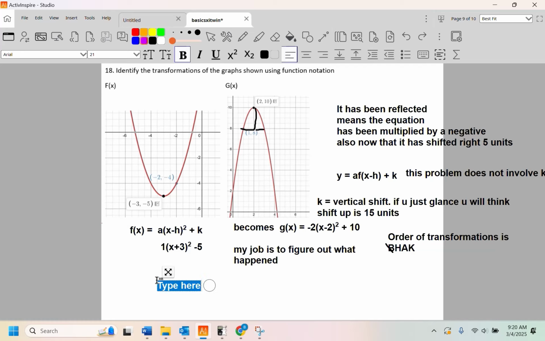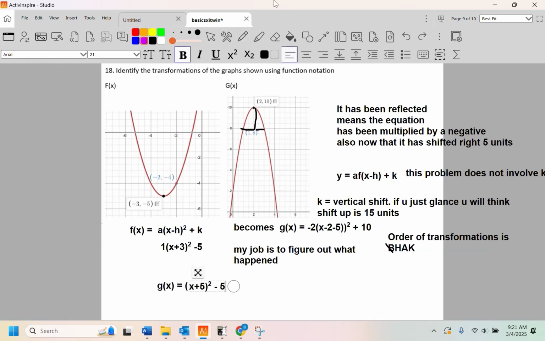First off, g of x, if we apply the h, what we've done is we have gone from 3 to -2, which means that inside we have actually taken away 5 units. All right, that comes back to this shift right. So inside is an x plus 5, quantity squared. And we still have the -5.